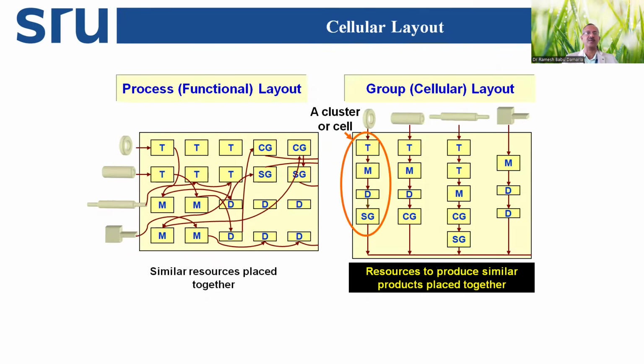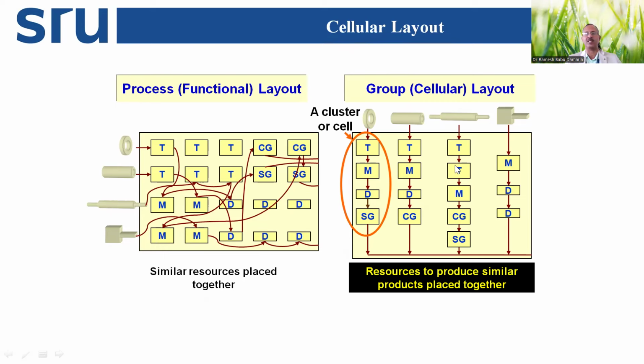The typical diagrams for different layouts. You can see here, based on the product types. See here, O-shaped product, another shaped product. So based on the operations required, this will move to different machines.